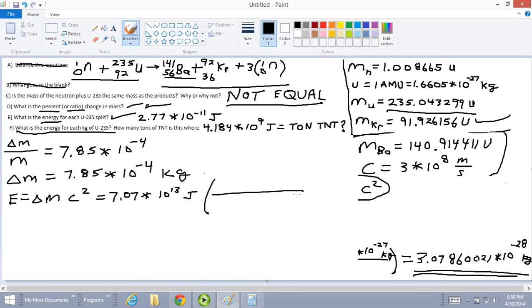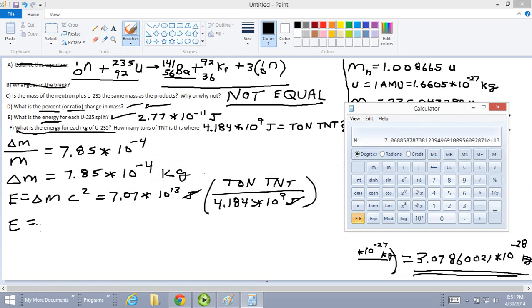Convert it to tons of TNT. 4.184 times 10 to the 9th joules per ton of TNT. Energy release equals, go back to our calculator, divide it by 4.184 times 10 to the 9th joules, or by the conversion factor.